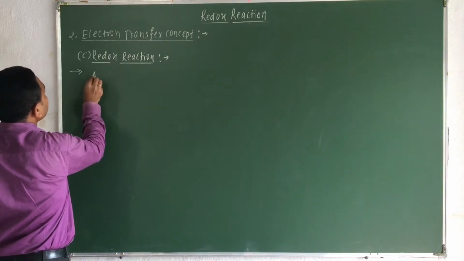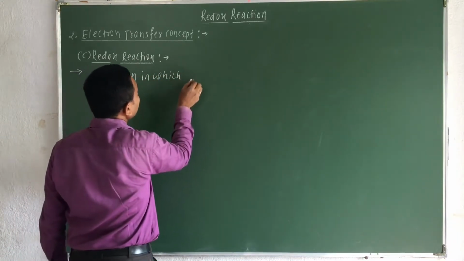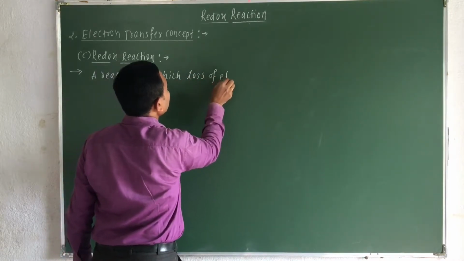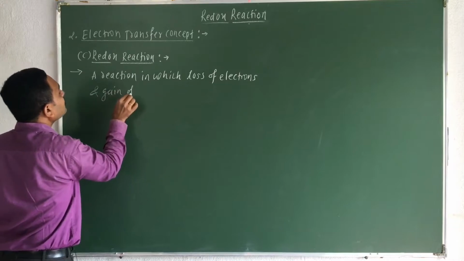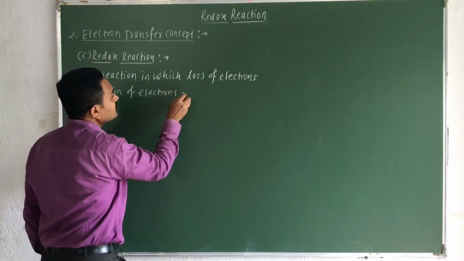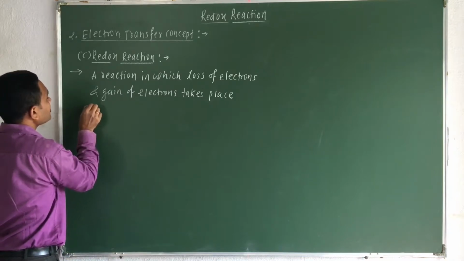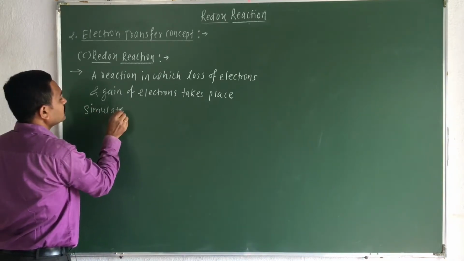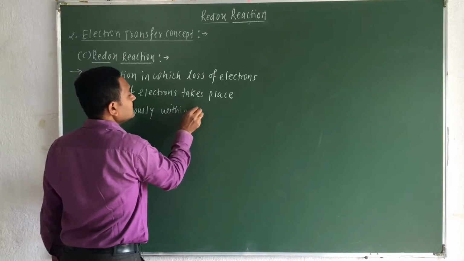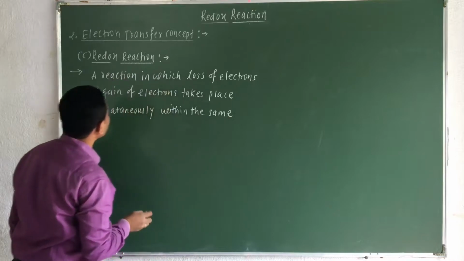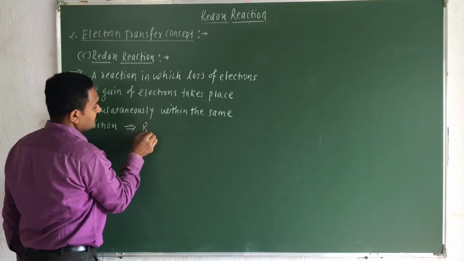So a reaction in which loss of electrons and gain of electrons take place simultaneously within the same reaction is known as a redox reaction.